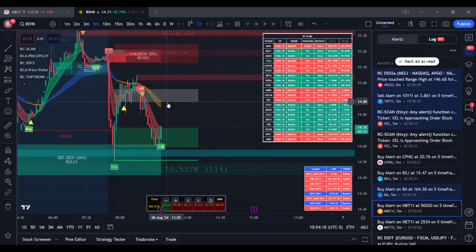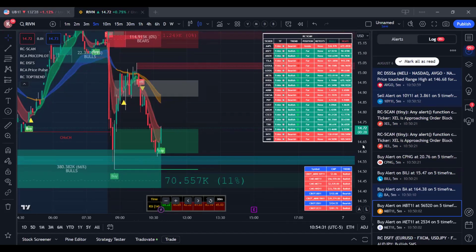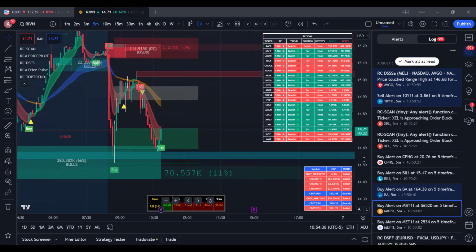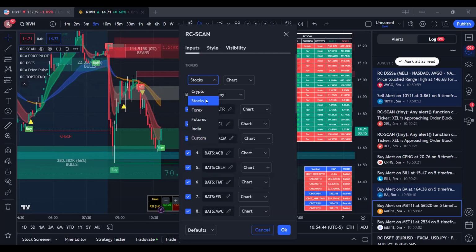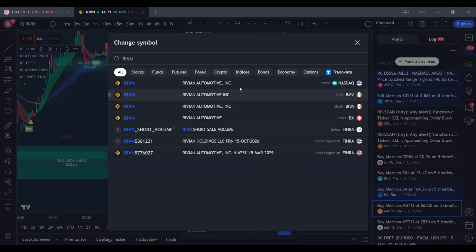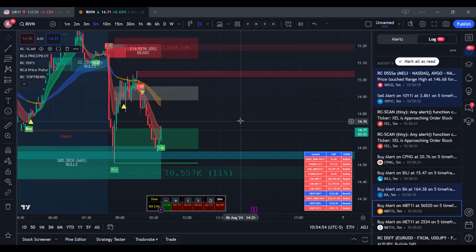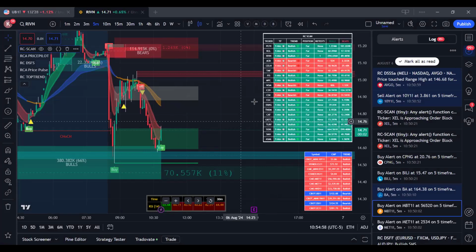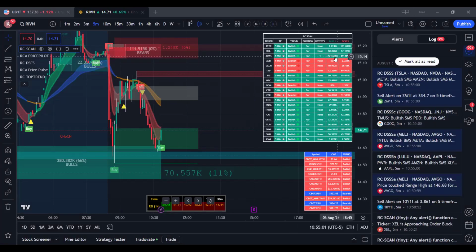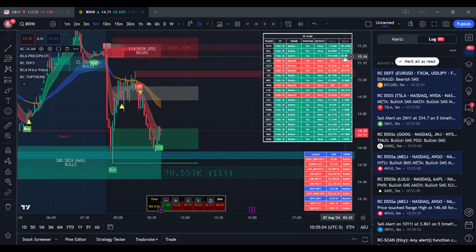So minimum it can go here, do a pullback and then go all the way to 15 or 15.2. 90,000 base.